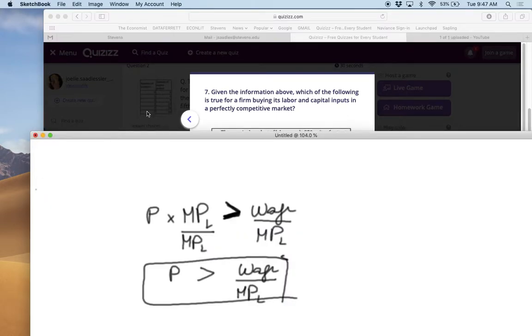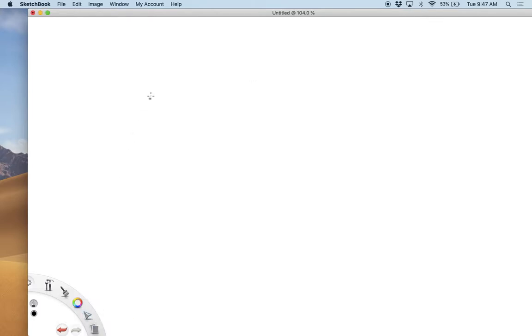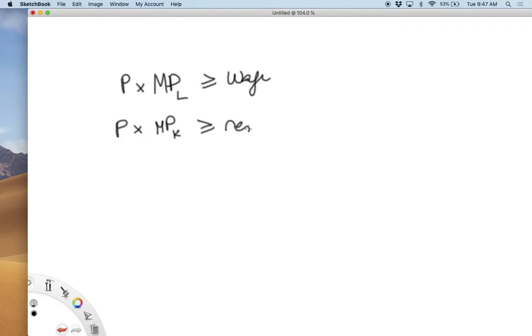So again, remember, the rule is if you're looking to figure out how many workers, you set the marginal physical product of labor times the price of the output to be greater than or equal to the wage. If you're only deciding how many machines, price times marginal product of capital has to be greater than or equal to the rental rate, which is the cost of the machine.